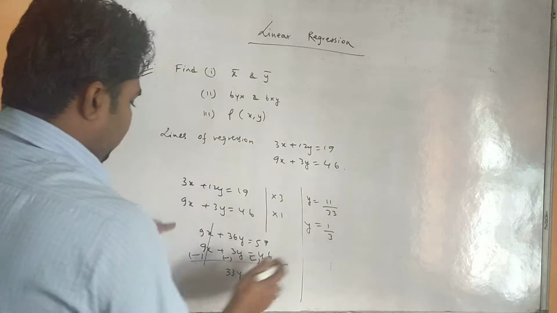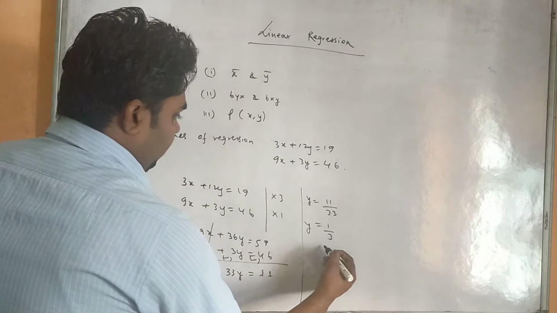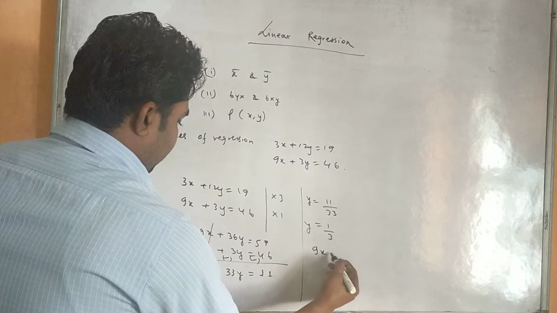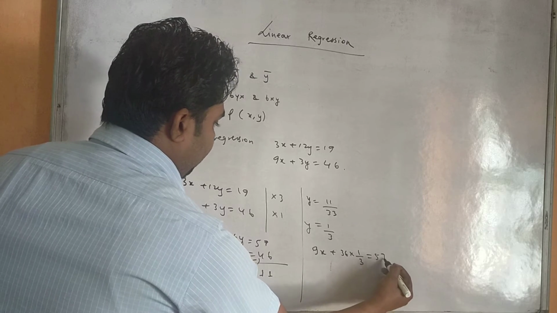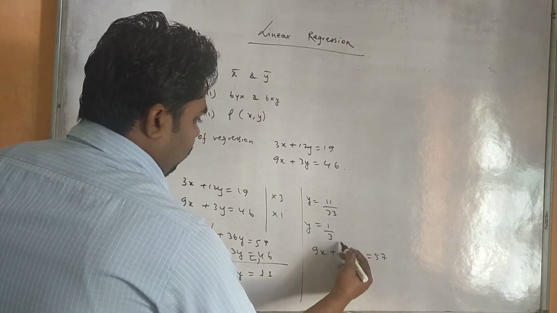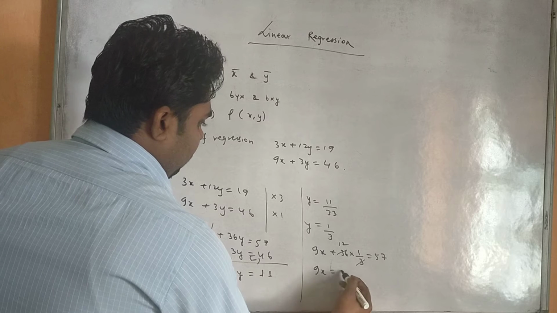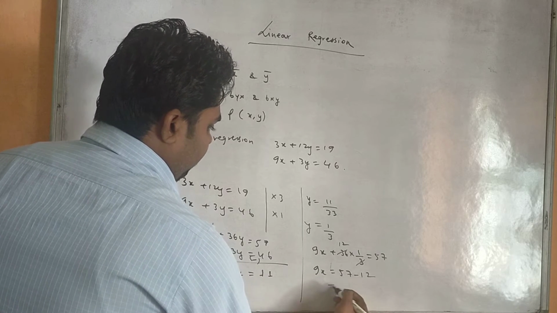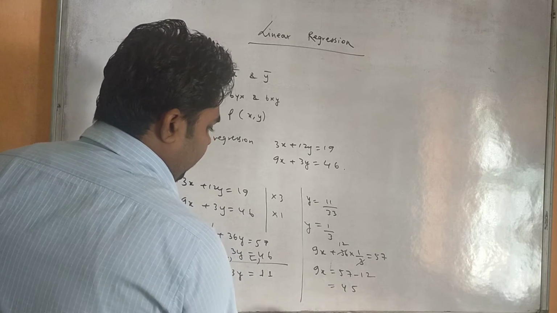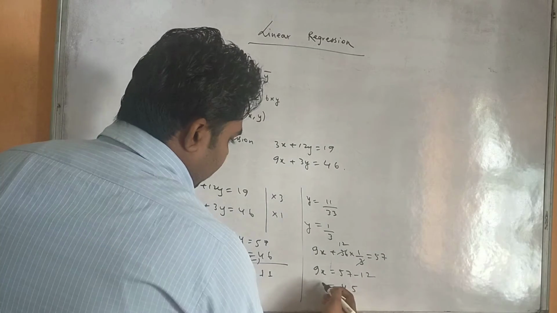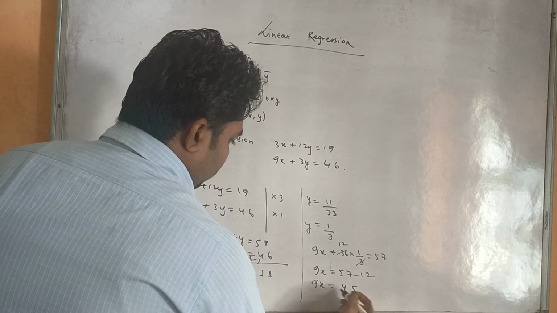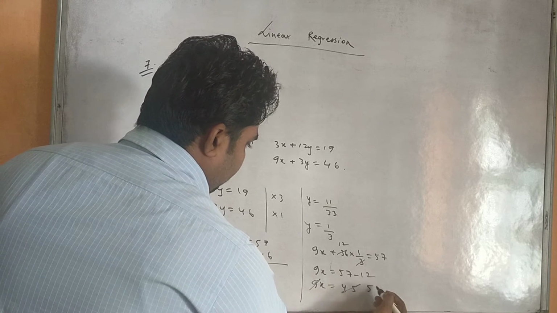Now this y value we will substitute in any of the equations. That is 9x plus 36 into 1 by 3 equals 57, or 3 twelves, that means 9x equals 57 minus 12. Here we will get 45, right? And here we have 9x. So 9 fives are 45.